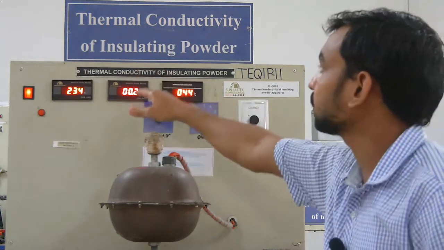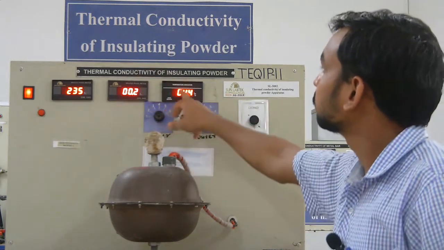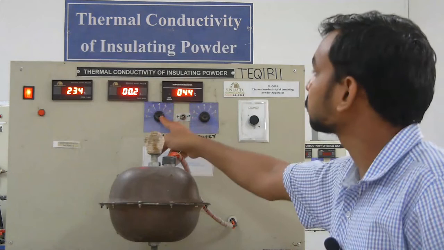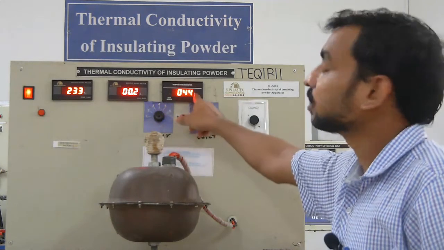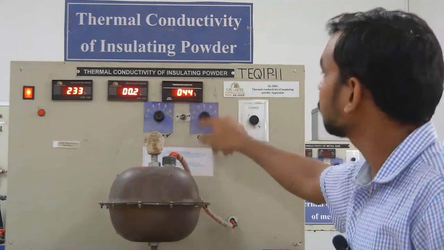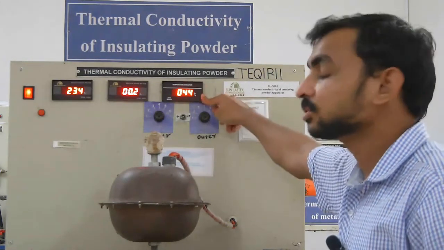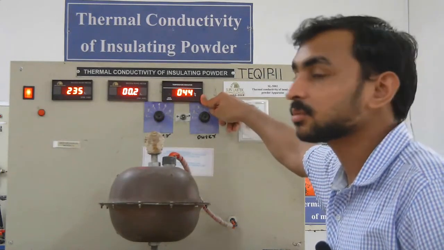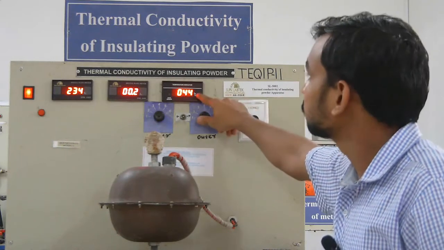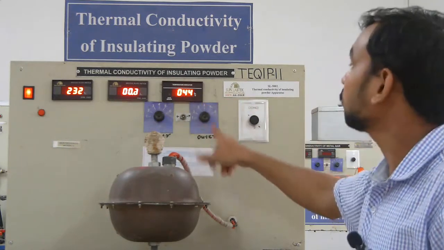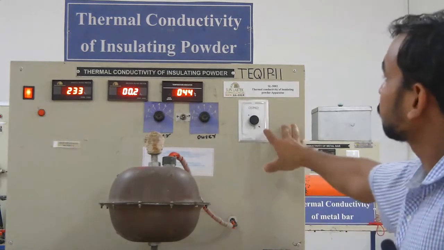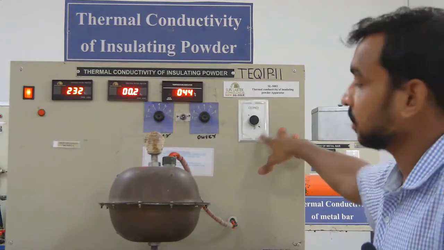This is voltage, this is ampere, and this is to increase or decrease the voltage supply.